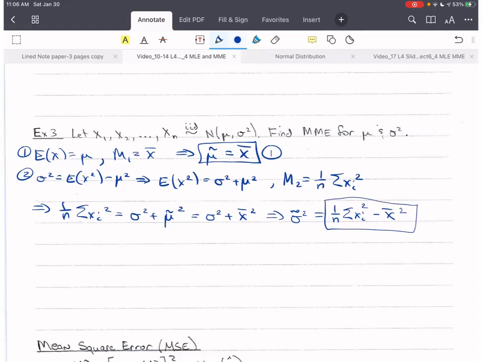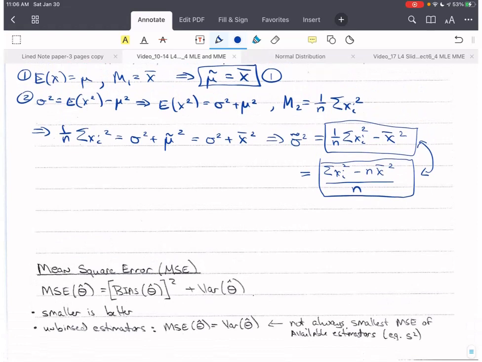I can rewrite this as sum of xi squared minus n x bar squared over n if I like. Either one of these is okay. Okay, so that's it for that.